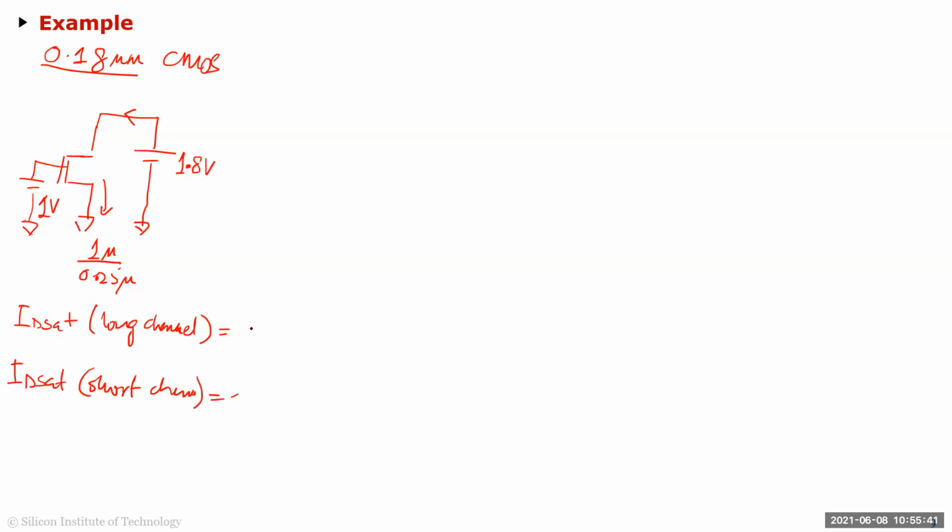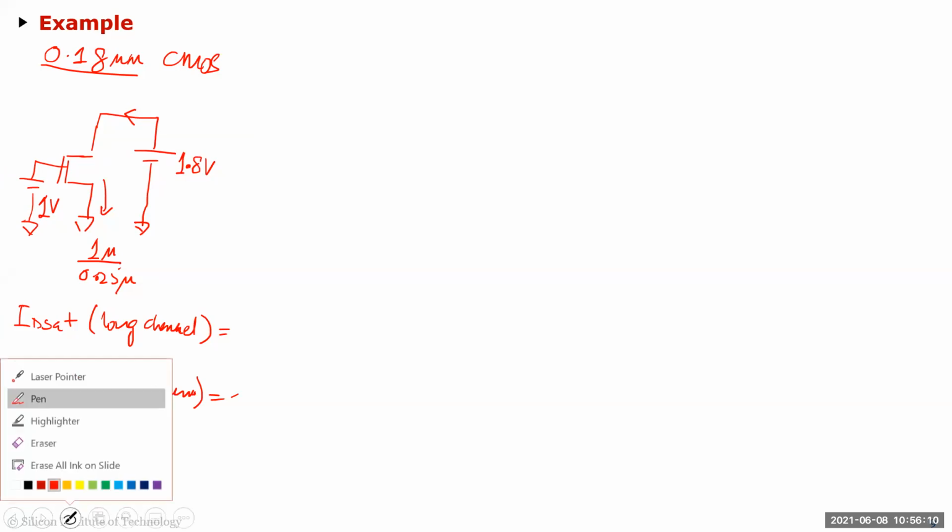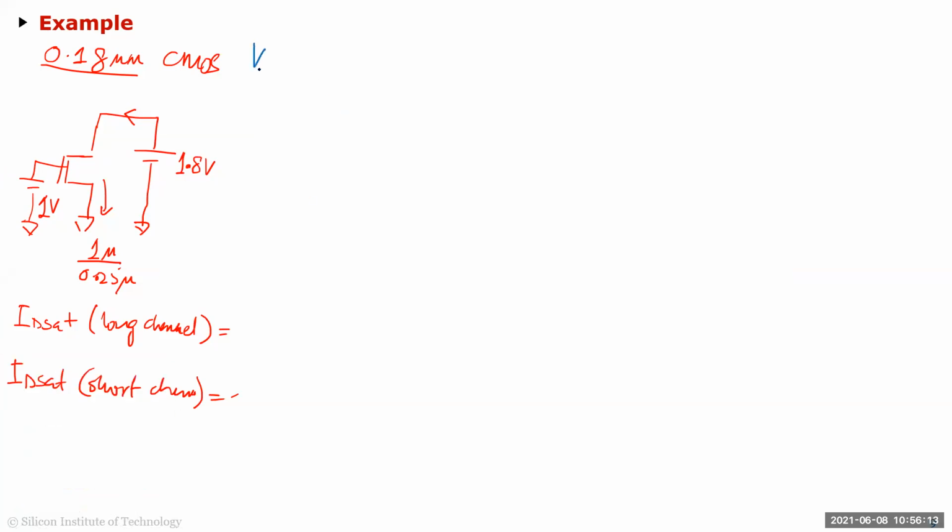Okay. So let me give you some parameters. It's in the table, you can grab it from the GitHub page where I put it, but let me just grab it from the book and give you the numbers. So for the 0.18 NMOS, VTN is equal to 0.5 volts.